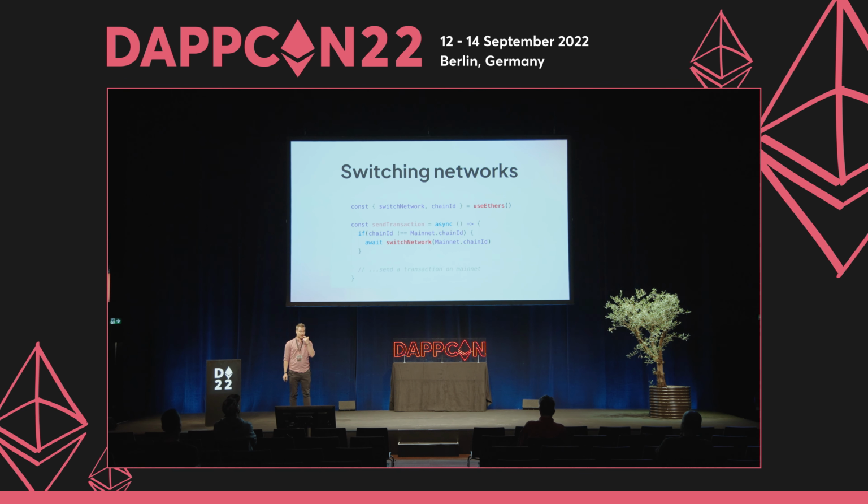All right, and if you want to switch network, so let's say you want to build an experience, maybe it's a DEX or maybe it's a bridge, where you go through a specific flow and you get to a point when someone is ready to do the action, but he is connected to the wrong network, then you can use the switchNetwork function that is again provided by useEthers, which will allow you to simply request a change of the network, and you can display, hey, as long as I'm on the wrong network, please switch the network.